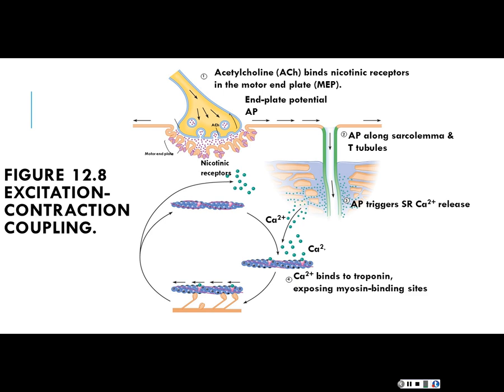We identified that causes a physical change to expose our myosin binding sites. Where are the myosin binding sites? The myosin binding sites are on the actin of the thin filament. Reciprocal. That is going to lead to contraction, which I said we'll come to in just a minute.